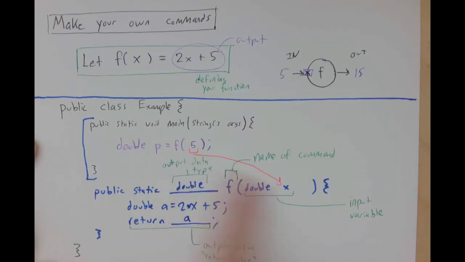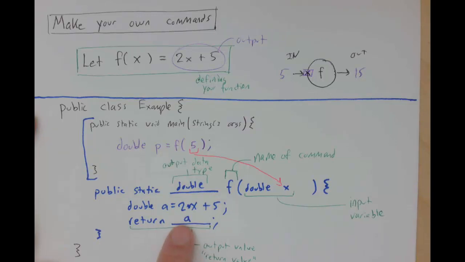So now that we've assigned 5 to x, and this happens automatically, by the way, you can run the rest of these lines of code just the way that it would normally run. So 2 times x would be 10, plus 5 is 15. 15 is going to get saved inside A. And then when you hit the return statement, you immediately exit from your command, and the value that it gives back is whatever you're returning here.